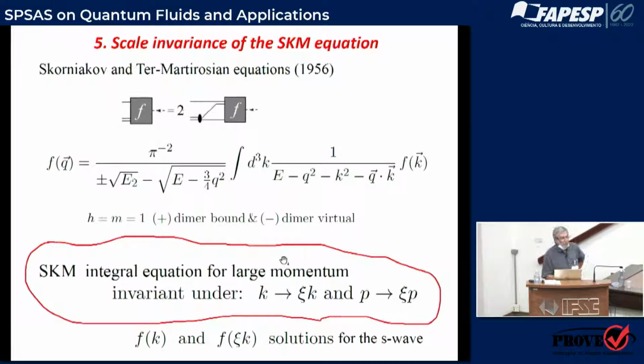And then you just substitute. Okay, so now I arrive at this equation. Again, I'm calling your attention to this part here that is essentially proportional to the S-wave scattering amplitude. And here I can have either a bound state pole with plus and a virtual state with minus. So you see that if I have plus here, if this quantity is equal to the bound state energy, sorry, I forgot a modulus here and minus.